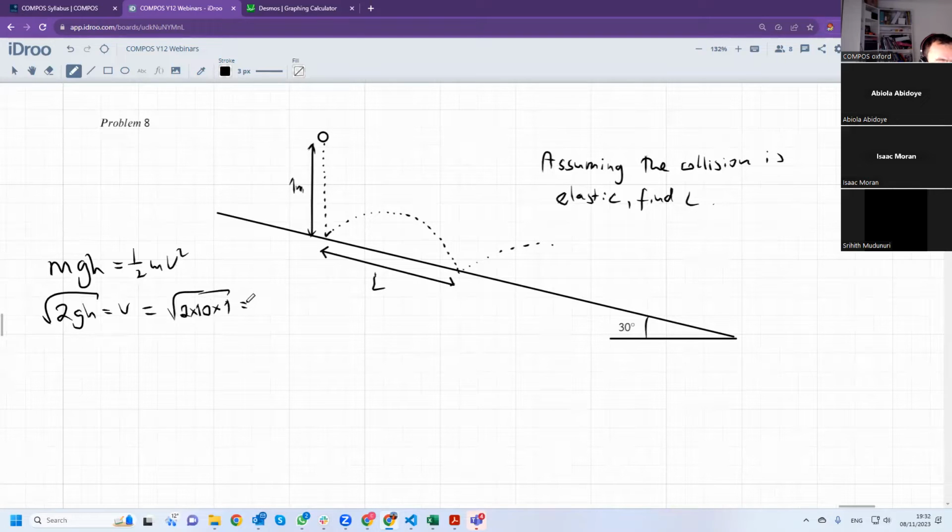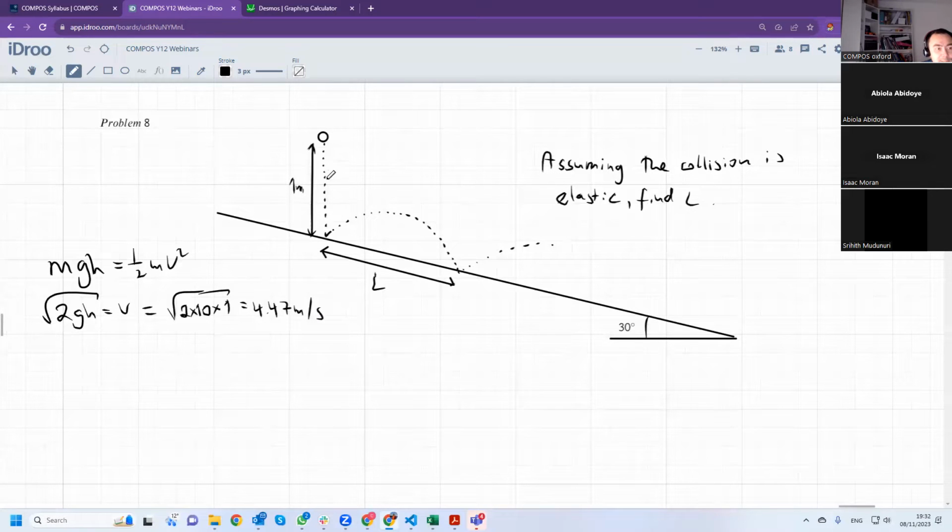So this is going to be square root of 20. What's square root of 20? 4.47 meters per second.